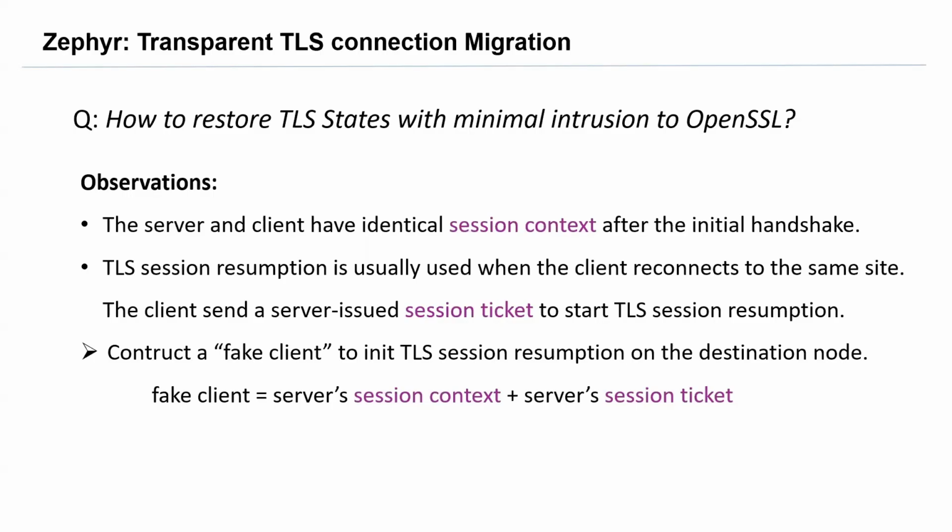Based on these two observations, we can construct a fake client, because the states needed for the fake client basically equal the server session context and the server session ticket. So we construct such a fake client to initiate the TLS session resumption on the destination node to help the L7NF reconstruct its TLS states.